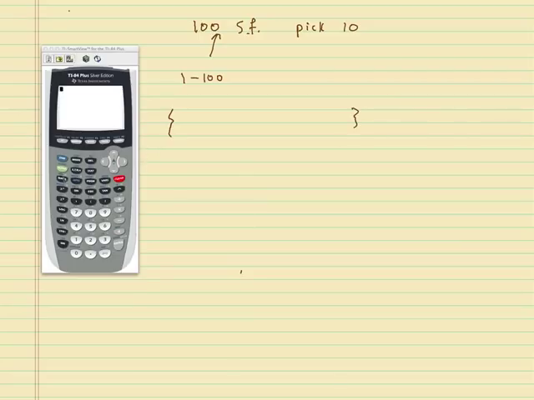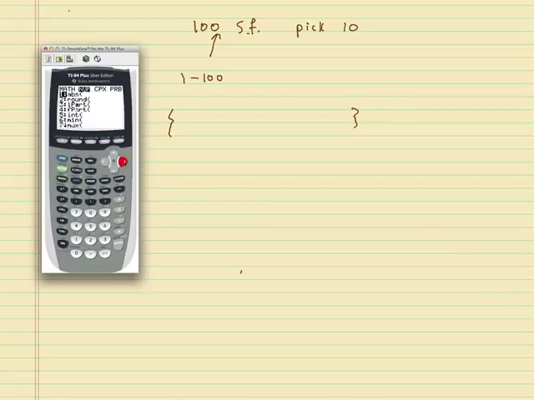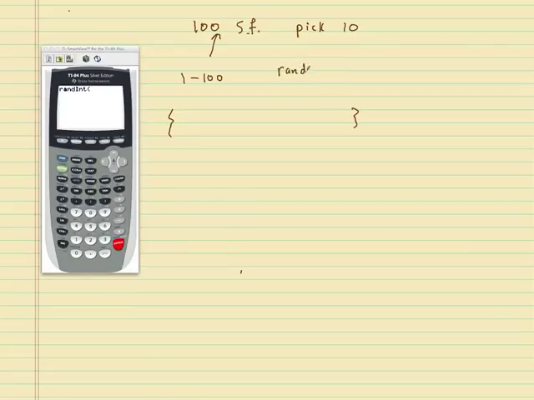So this is how you do it. We want to go to math, and you see probability off to the right, so you arrow over to probability. Now we want to go to random, randint. That's short for random integer. Random integer, enter. Then put in our sampling frame information. 1 is the start of our sampling frame, and we want to go all the way to 100.